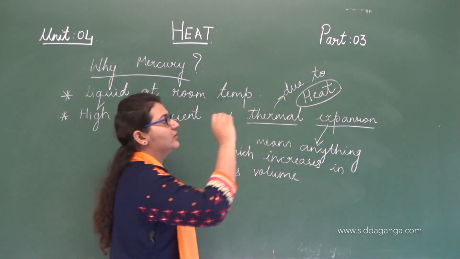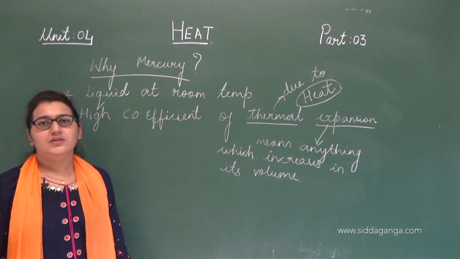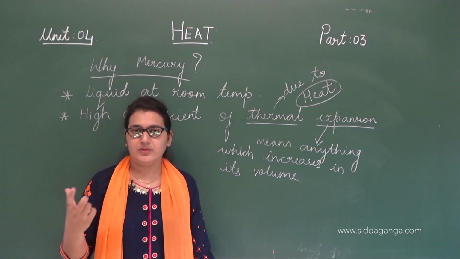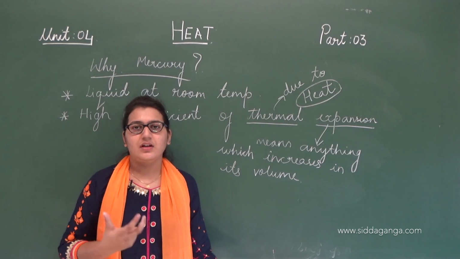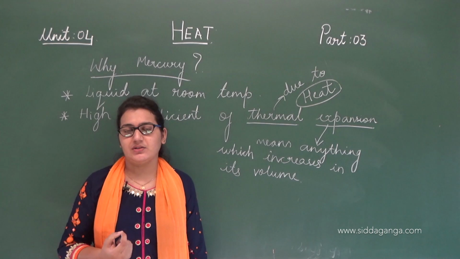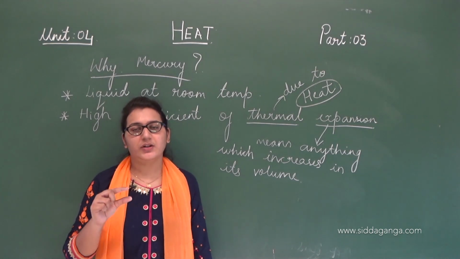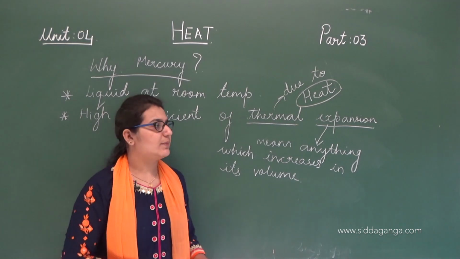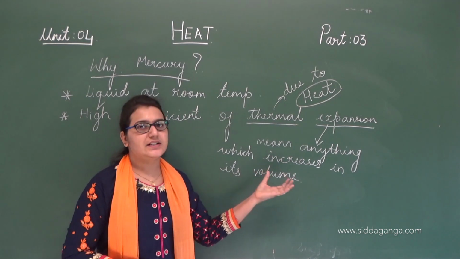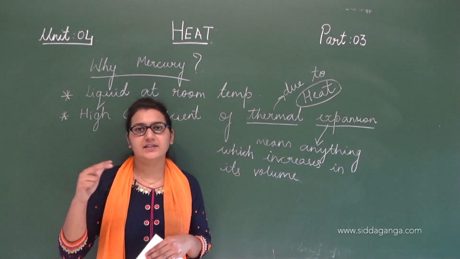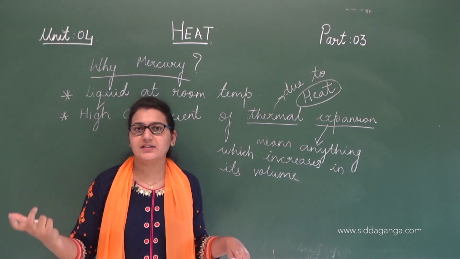So whenever the thermometer is kept in contact with an object or the human body, due to the heat, due to the increase in temperature, what happens? The level of mercury rises. That is, it expands. So that is what expansion means: anything which increases in volume. Why does it expand?